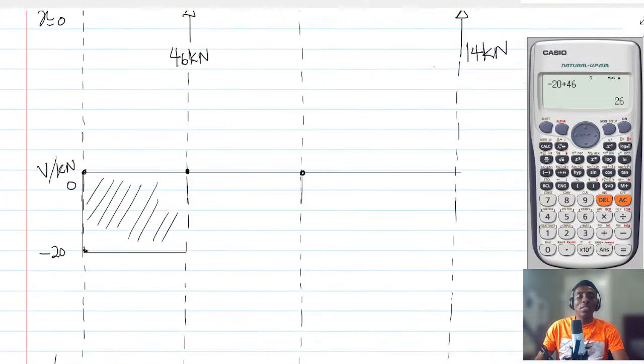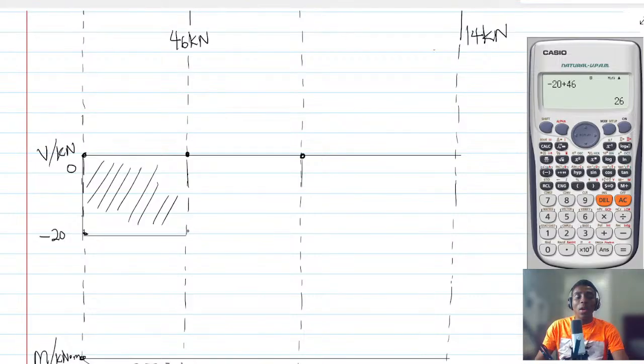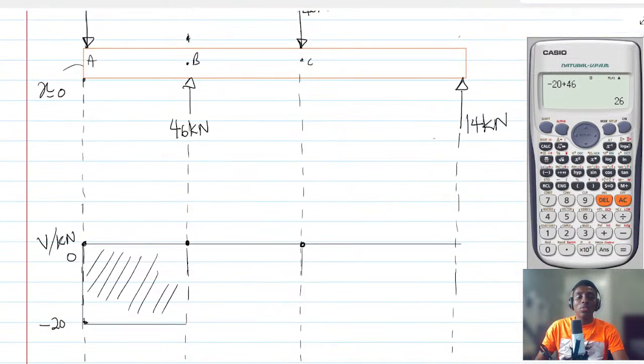But you realize that we are on minus 20. So if you want to get to 26 and you are at minus 20, even if you add 20, it will send you to 0. So in effect, you come up by 6, right?